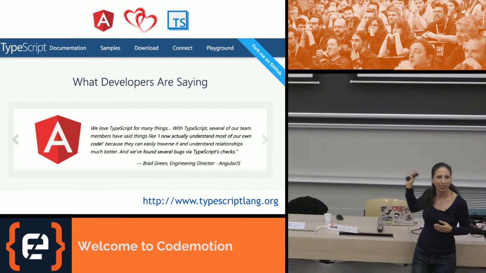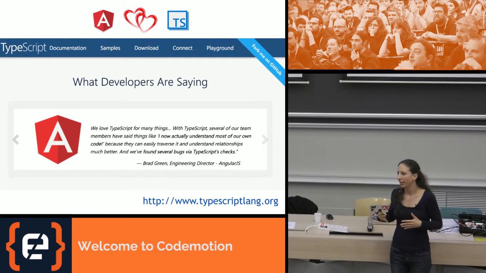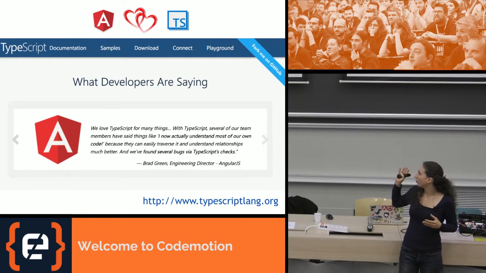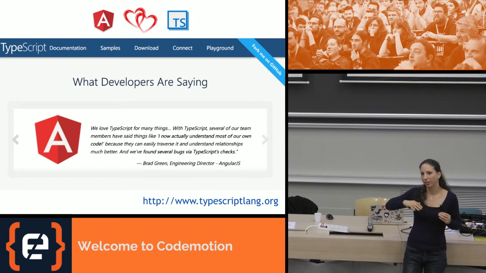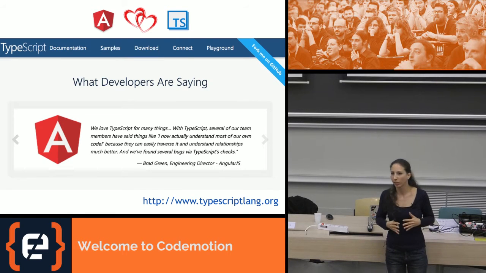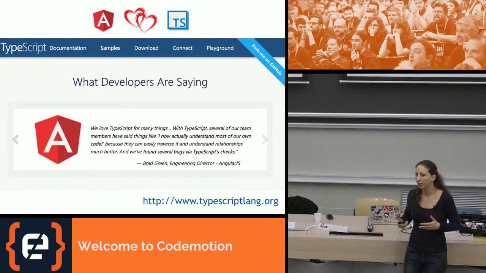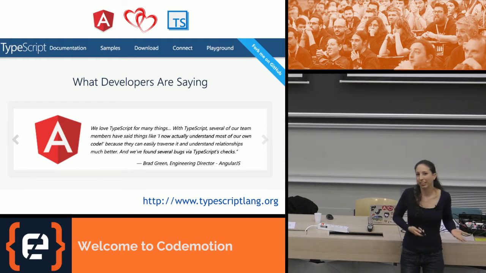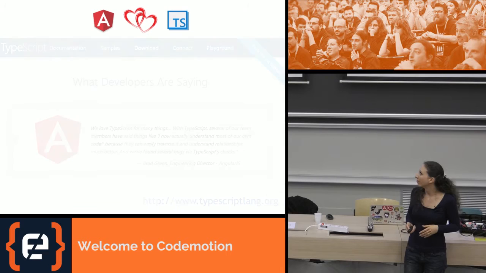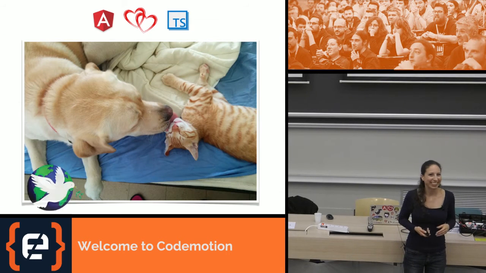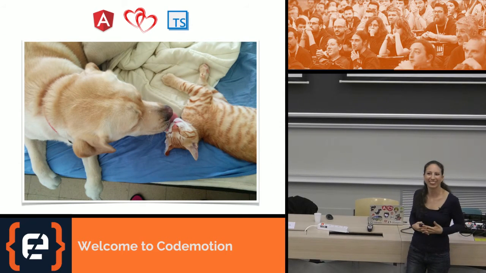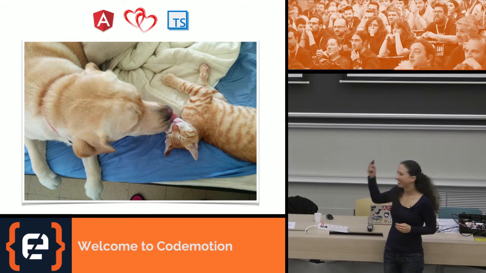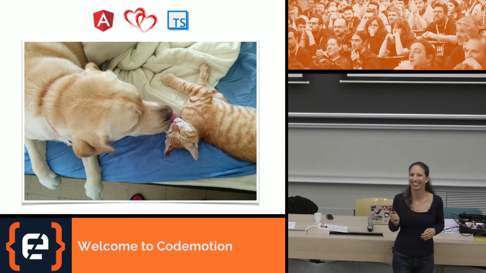This is from the TypeScript website, a recommendation written by Brad Green, one of the head developers in the Angular core team. And these are such nice and warm words, and it makes me wonder, if Google and Microsoft can do that, maybe other species in the world can also love one another like that. So these are my pets.